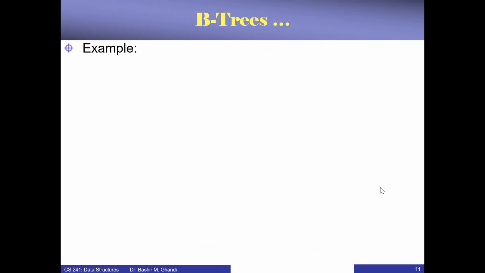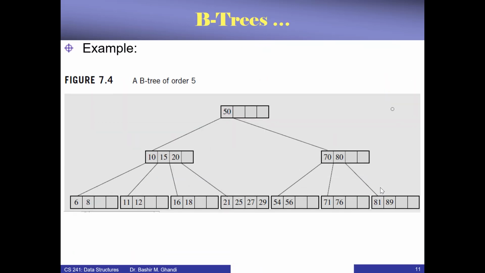Example of a B tree. So this is an example of a B tree of order 5. Okay, so as we remember, the root can have 1 key and therefore 2 subtrees. You don't have to draw the empty cell. This is just for completeness. You can just say 50 and then you have 2 subtrees. So this is fine.